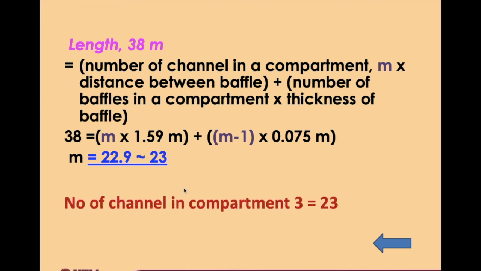Therefore, the number of channels in compartment 3 is 23. Because we have a wider spacing, that means we're going to have fewer channels in compartment 3, just like the pictures that I showed you at the earlier part of this lecture.